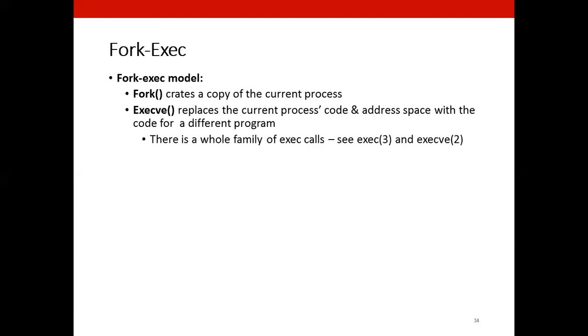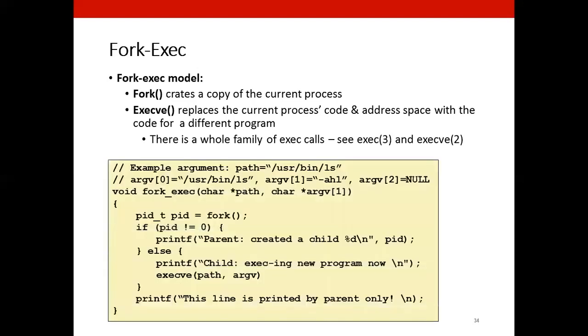There is a whole family of exec calls, and I encourage you all to explore it yourself. Let us briefly look into this example. So we said that the process calls fork to create a new process. If the PID is not equal to 0, that's the parent that created a child. And if the PID is 0, that's the child. And when we run execv, now it is running a different program.